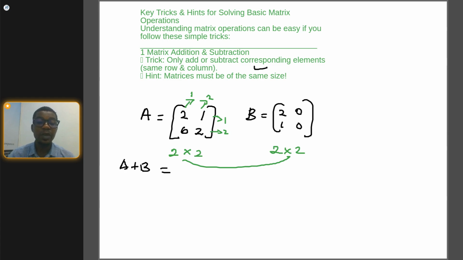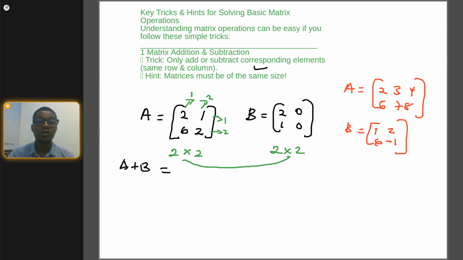So let's take an example. If I have matrix A equal to 2, 3, 4, 6, 7, 8, and matrix B equal to 1, 2, 6, minus 1, and I'm asked to add A and B, I don't need to rush into adding. The first thing I need to do is check the order of the matrix.